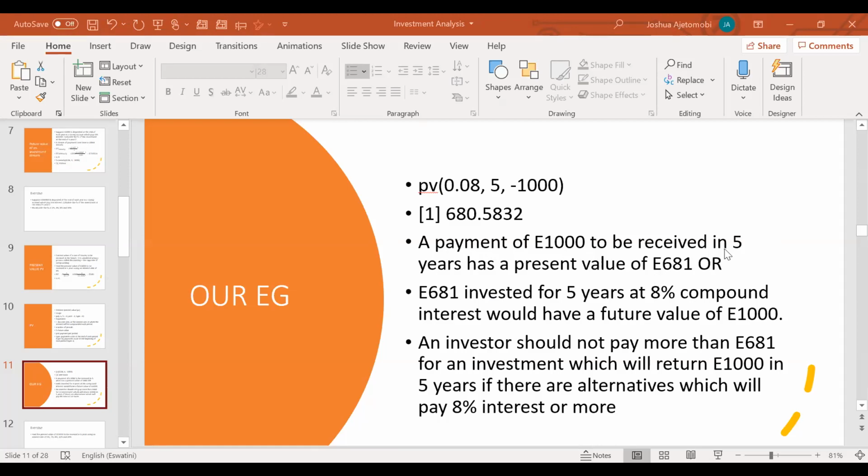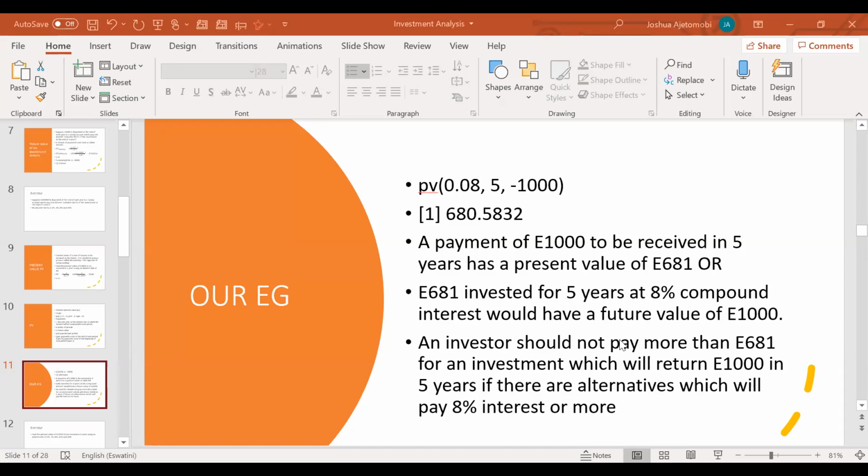Another way to interpret it is 681 emalangeni invested for 5 years at 8% compound interest has a future value of 1,000 emalangeni. Or in a more practical way, an investor should not pay more than 681 emalangeni for an investment which will return 1,000 emalangeni in 5 years, if there are alternatives.